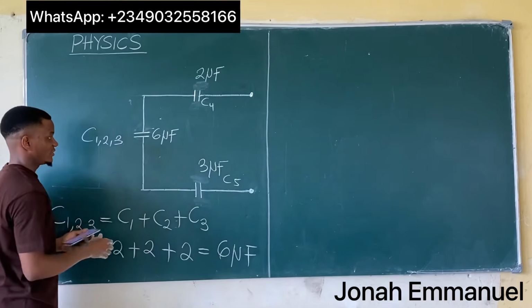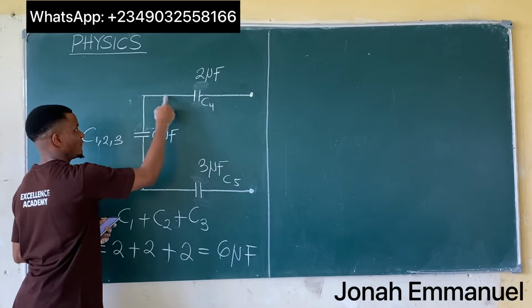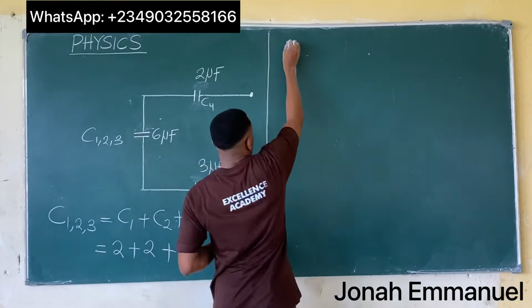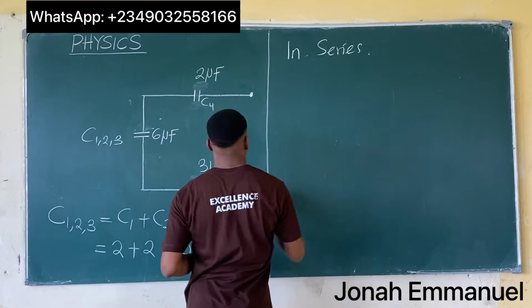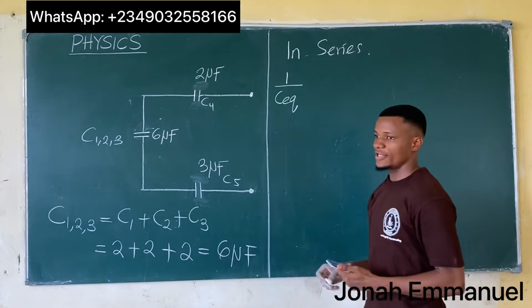This value now, C1 to 3, will now come this way. So as you can see, C1 to 3 now comes this way here. So this is now in series with C4 and C5. So hence, in series, I will now have my equivalent capacitance. Don't forget we said for series capacitors, we take the inverse.